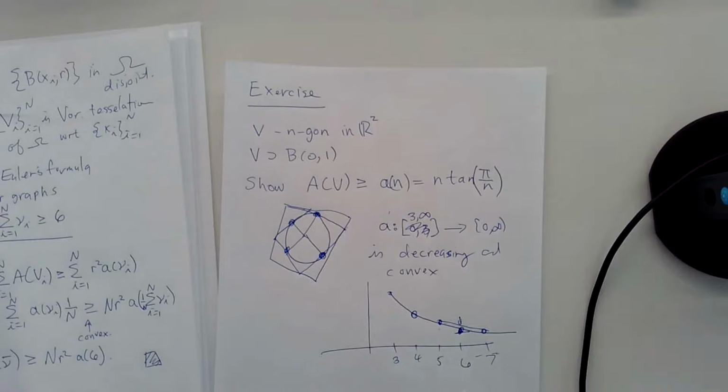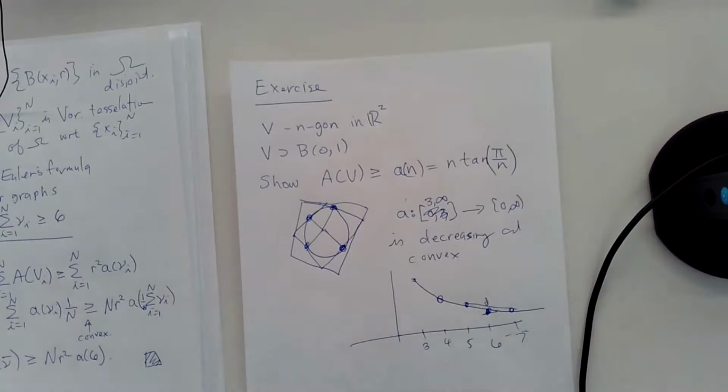You can also get bounds on how many Voronoi cells can have significant excess area.